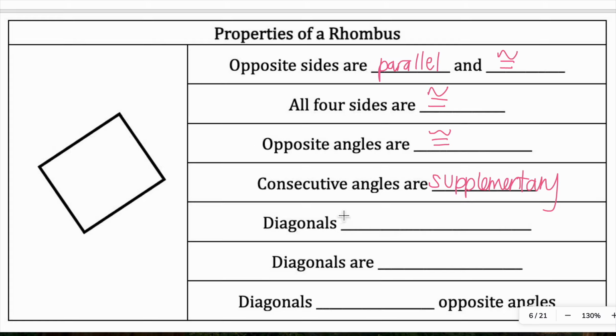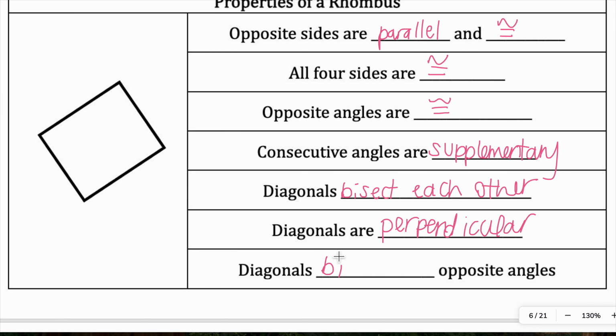And the diagonals will bisect each other. The diagonals are no longer going to be congruent here. They are perpendicular. And the diagonals will actually bisect the opposite angles. So a few new things to add on here.